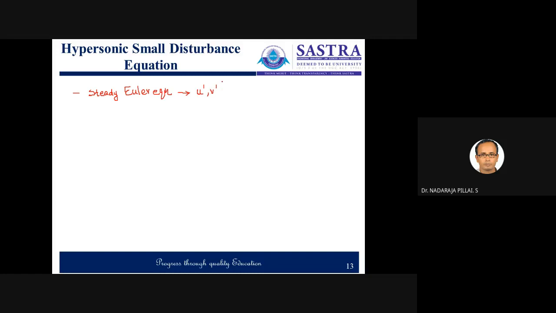Here the equation will become, for example, the u component. The u component, you know already, is v infinity plus u dash. Similarly, the v component becomes v dash, and the w component becomes w dash.